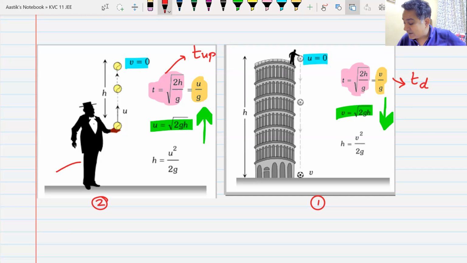Now, in case number 2, it is going to go up, but it is also going to come down. So in this particular case, there are two times: time taken to go up and time taken to come down, because it is not going to keep hanging in air. In case number 1, we only had time taken to come down. Do we understand this?